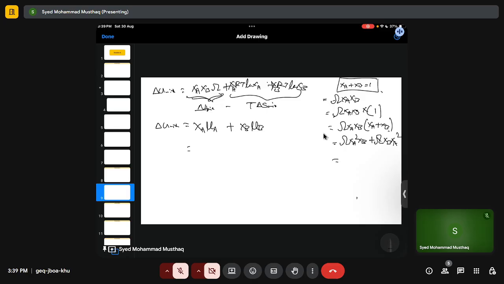But still you see two terms here, XA and XB. So let's write everything in terms of XB. Now we can write this.